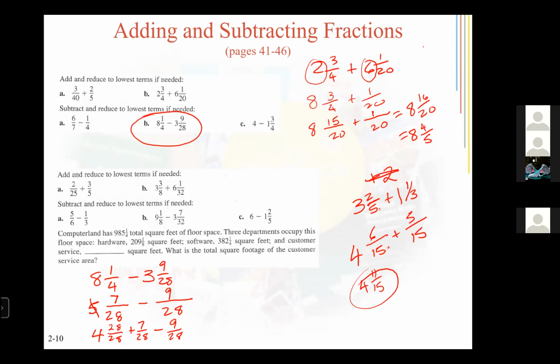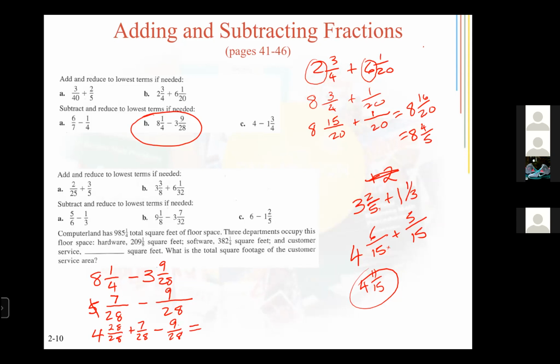But you're changing it into 28ths so you could use it to help you finish your calculation. So if you have the 28 plus the 7 that was there before, that gives you 35, and then you take away the 9. 35 minus 9 is 26.